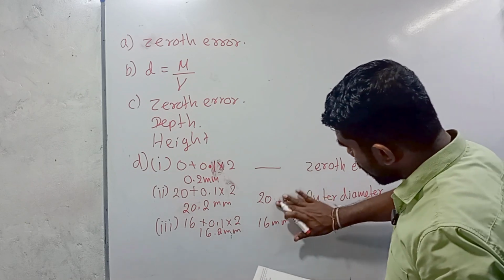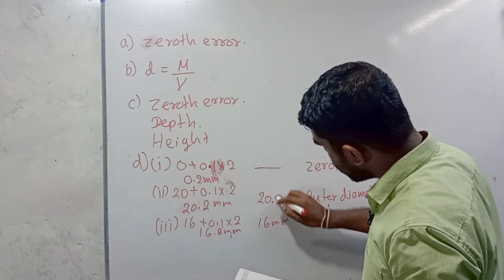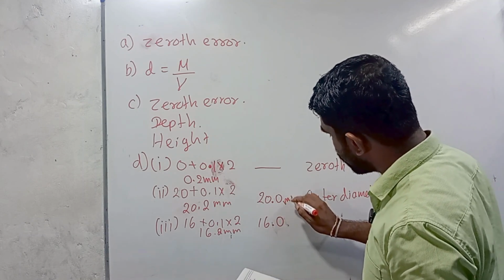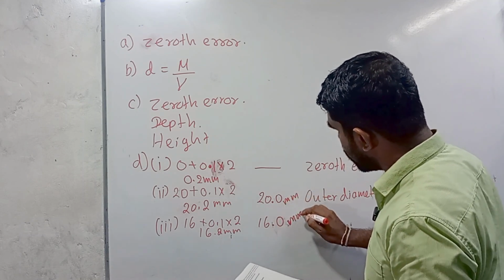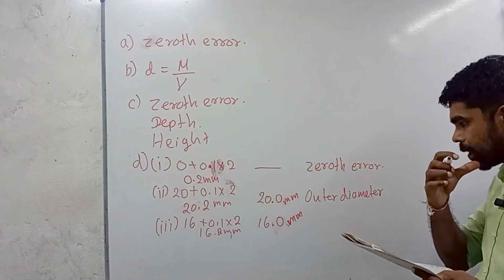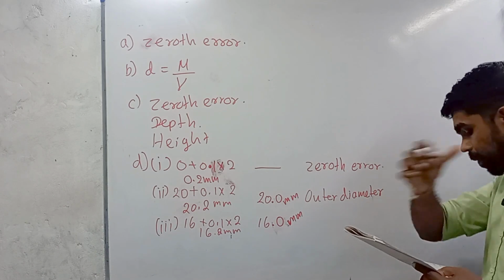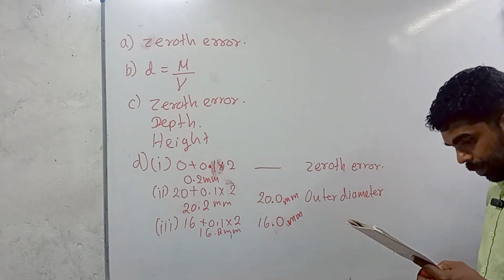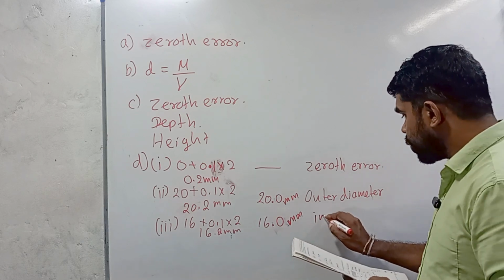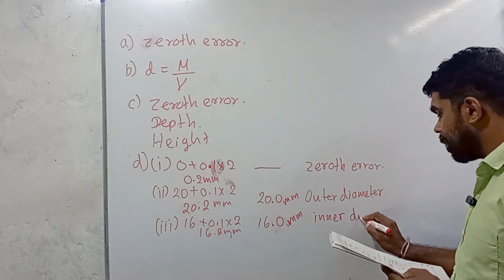When writing the corrected reading, we can use the corresponding decimal places, because we have to show that the least count of the instrument is 0.1 millimeters. Then for the third part, they have used internal jaws, therefore it should be inner diameter.